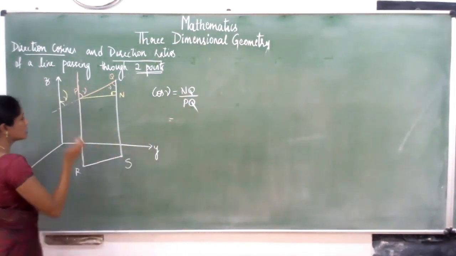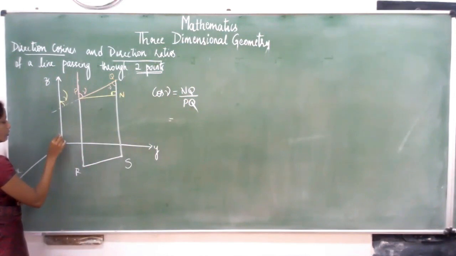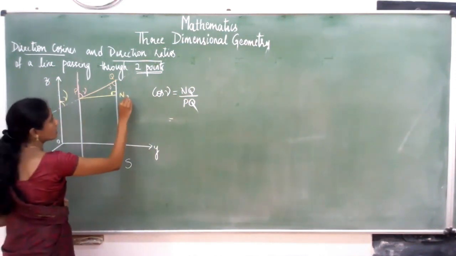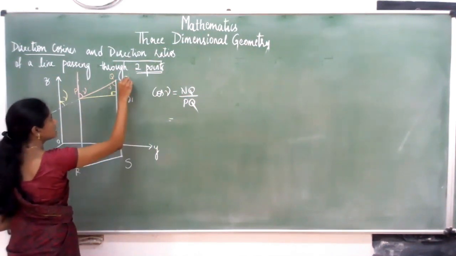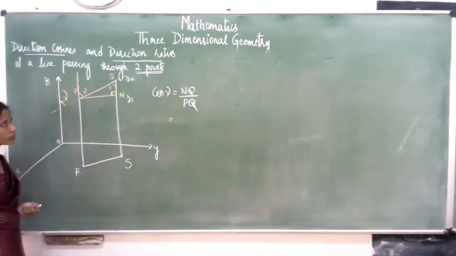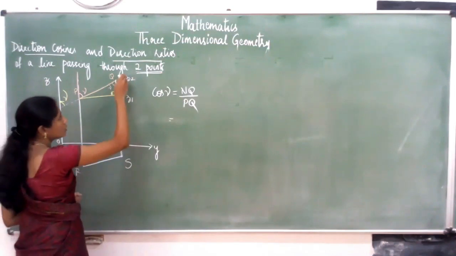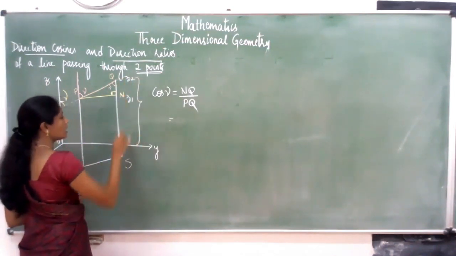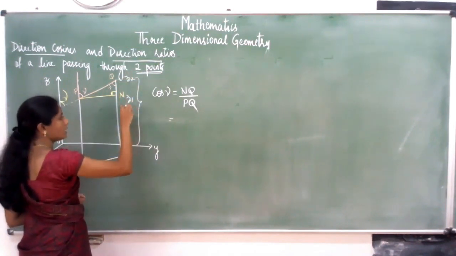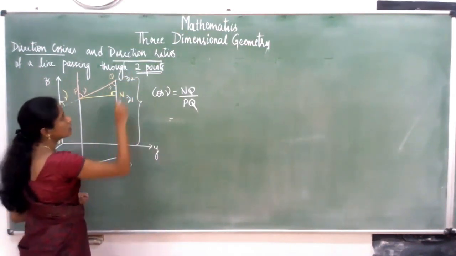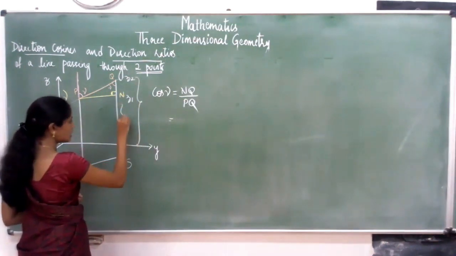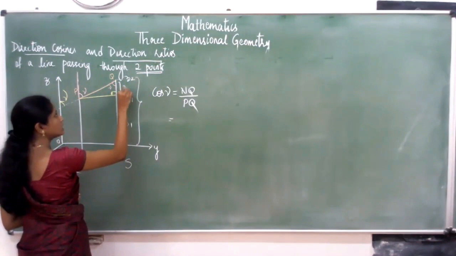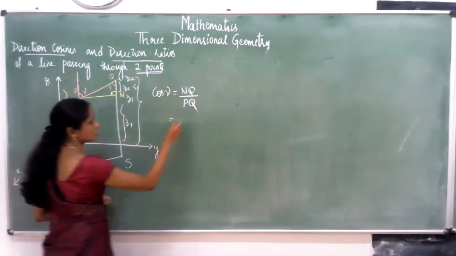NQ. Okay. So if this is the origin and this is the z-axis, this I call z1 and this z2. If I need to find NQ, this is nothing but the whole Z2 minus Z1. This entire thing is Z2, this is Z1. If I want only this part, that is nothing but Z2 minus Z1.